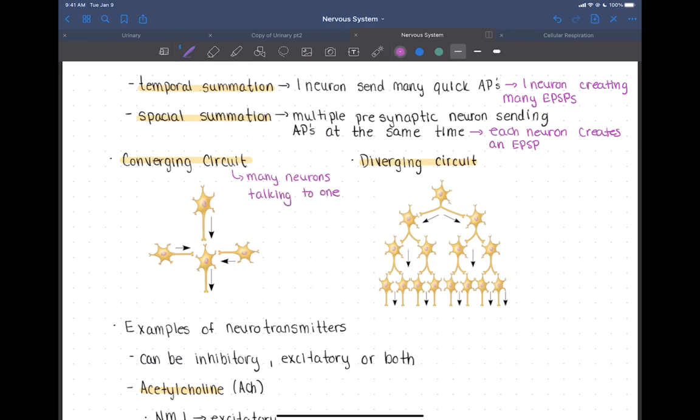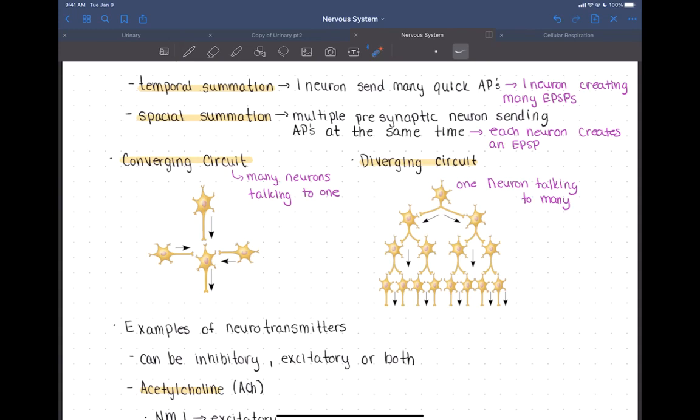Or you can have the opposite, a diverging circuit, where one neuron is talking to many. That's what we have here. This one neuron is talking to these neurons, and these would then talk to some other neurons, and that signal gets spread farther and farther.